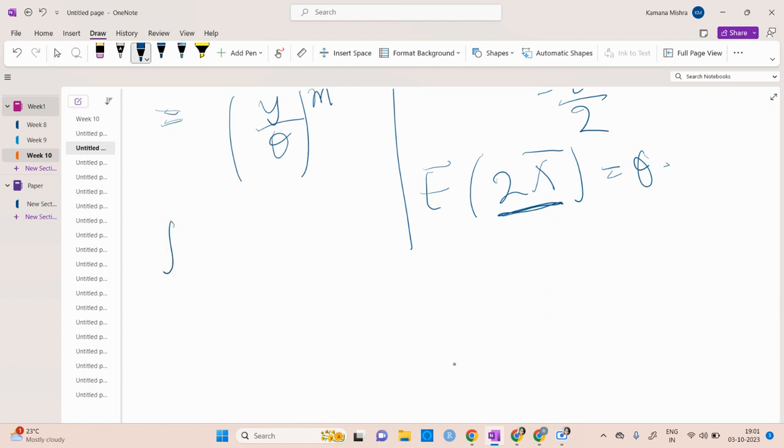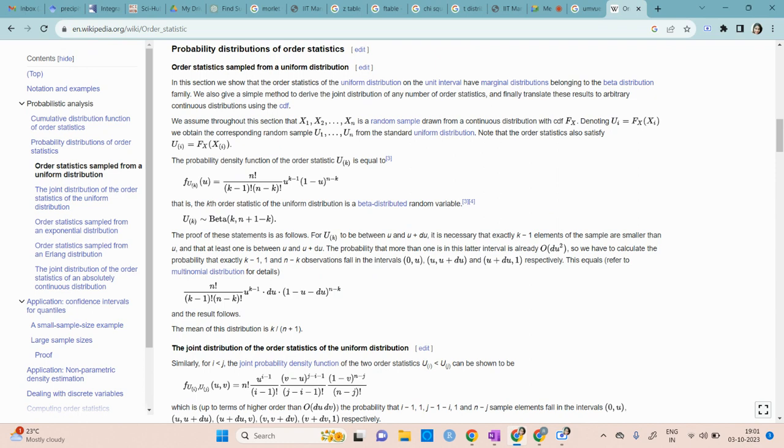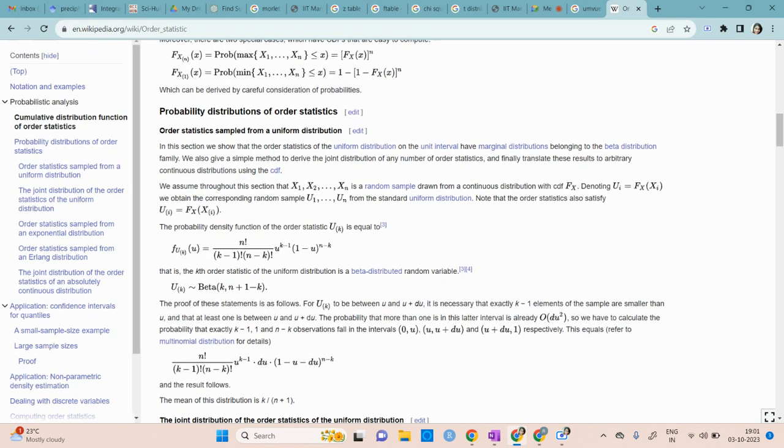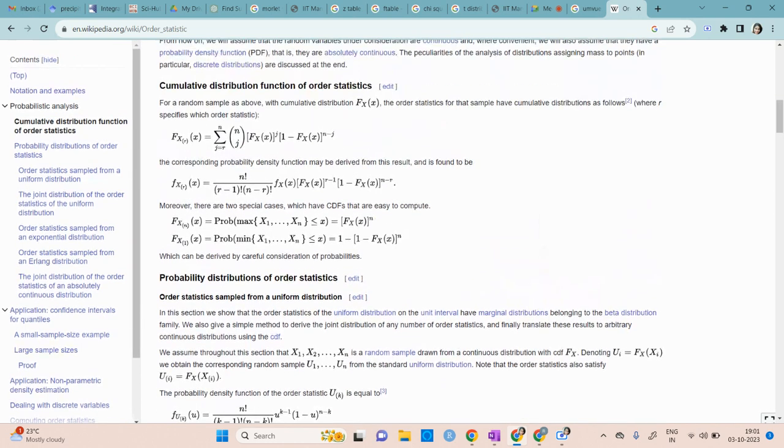Now from here you can find small fx, it will be m y to the power m minus 1, and below it will be theta to the power m. So you can directly find it from here also. I think it's not given, but you can find it from here. So capital Fx, it will be n, it will be 1, and then fx to the power n.